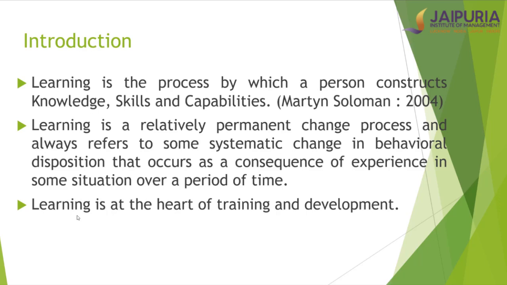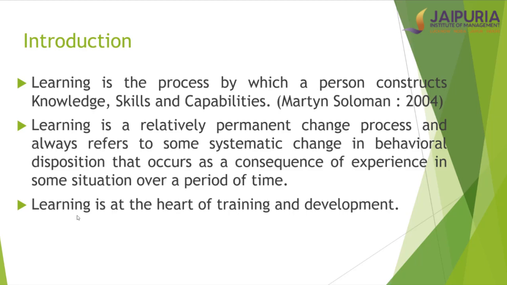So, if you go through these sentences, there are some catchwords which you should focus on. First of all, learning is a process. That is, it is continuous, or you can say it's a systematic way. There is a certain process.